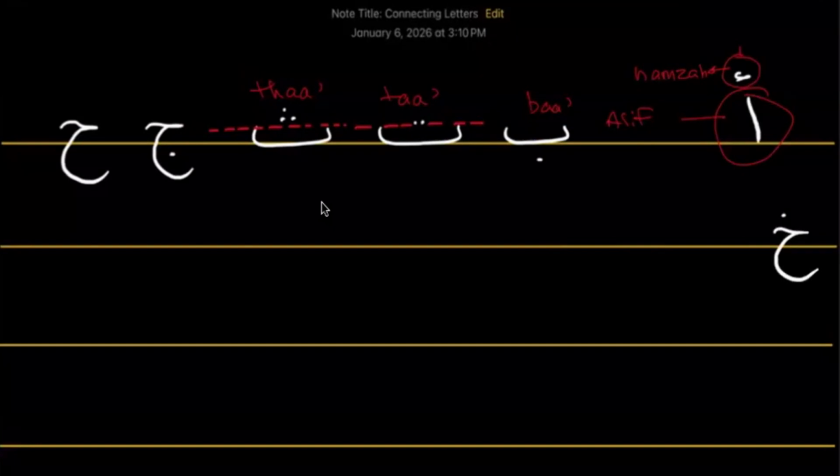So you have here jim, ha, kha. We already went through the steps of how to write these, so I'm not repeating myself. But feel free to ask if you want.